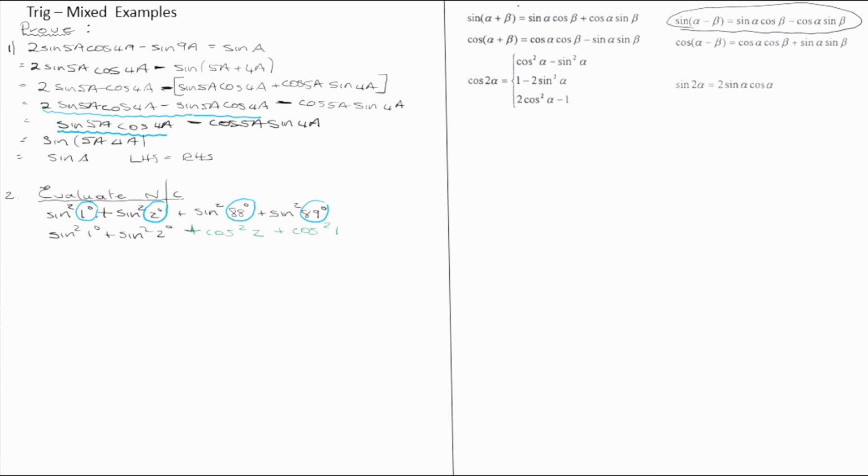I will then be able to link those together and then link those together, because sine squared theta plus cos squared theta is 1. So sine squared 1 plus cos squared 1 is 1. Sine squared 2 plus cos squared 2 is 1. So my final answer is 2.